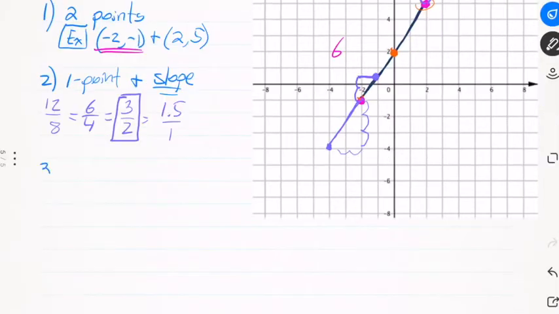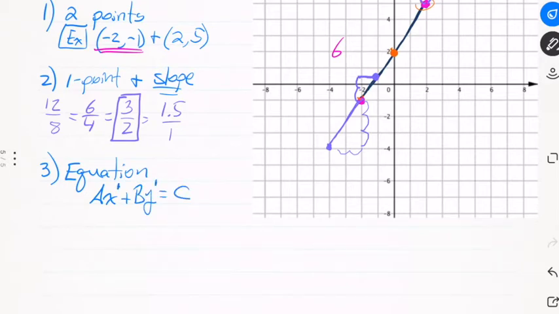The third way to define a line is with an equation. And all of these things that we're writing right now are all interrelated because we're talking about the same thing. So an equation of a line in standard form looks like this, and we're not going to spend any time with this one, but you'll notice that the exponents on the x and the y are both 1, so this is considered a linear equation.